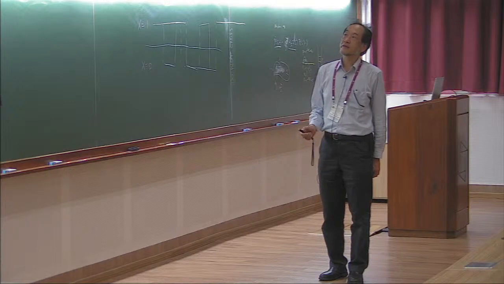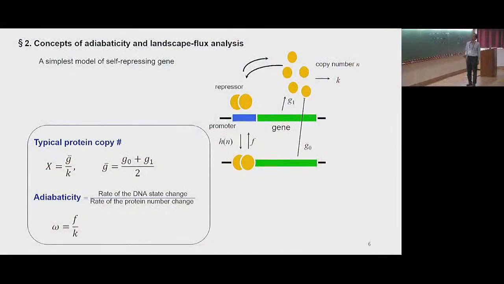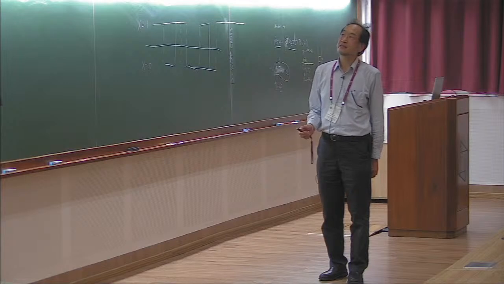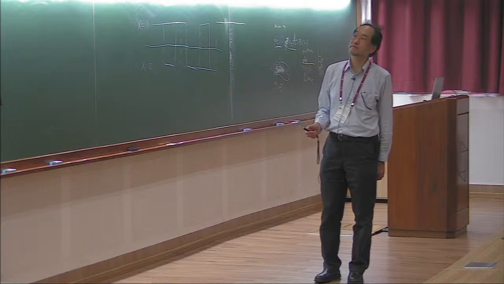When the repressor binds, the proteins are synthesized with the rate G0. And when the repressor unbinds, the synthesis rate is G1. And the product protein is degraded with the rate K.